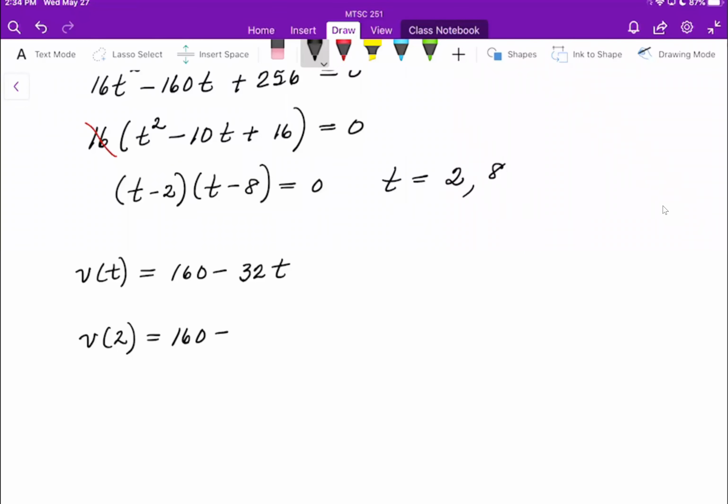So how fast is the brine running out of the tank after 10 minutes?